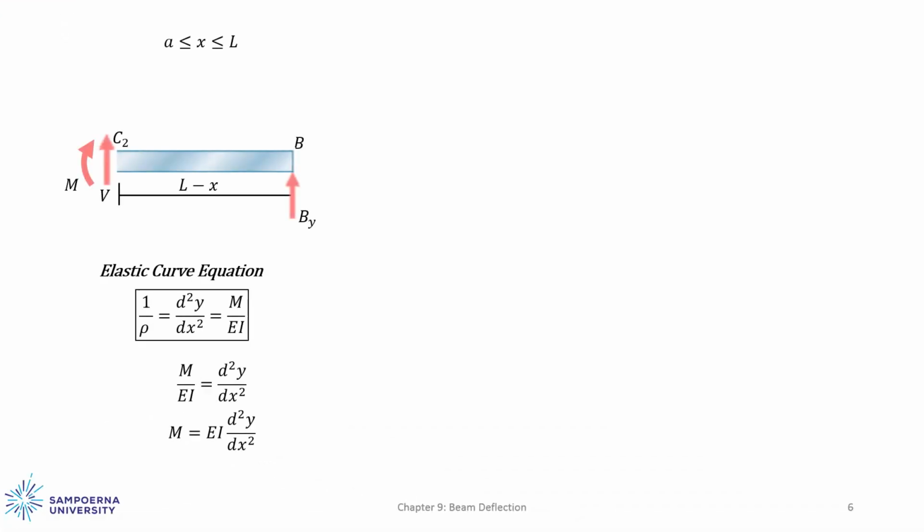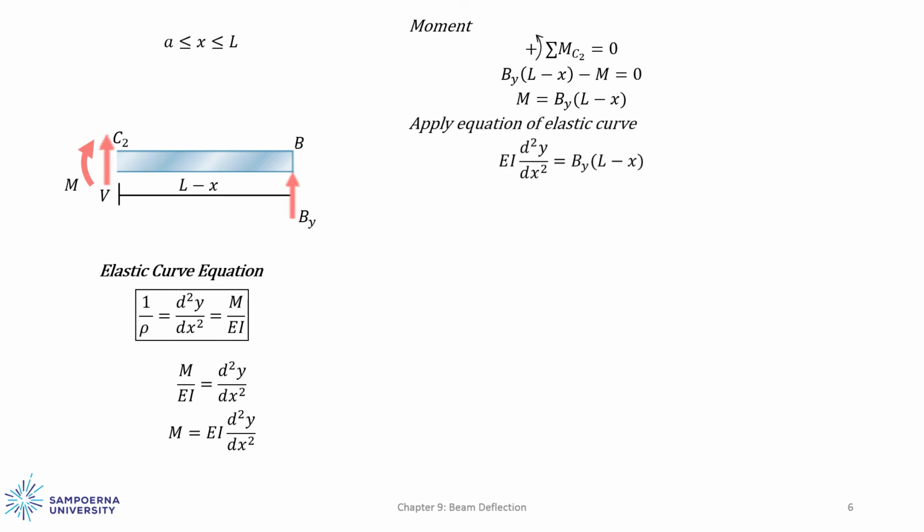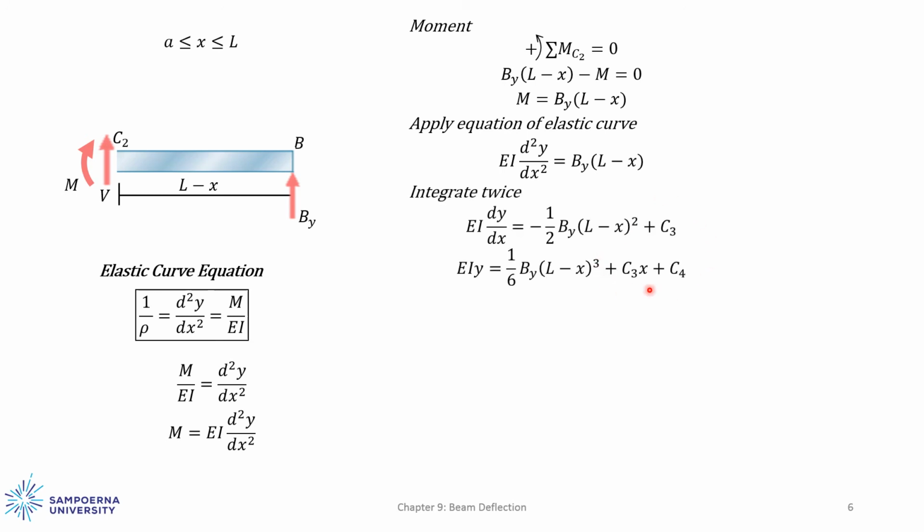For the section C2 and B, using a similar procedure, first we draw the FBD for the section, then derive the equation of M, then substitute the M with this, then integrate the equation twice. Here we have two unknowns, C3 and C4.